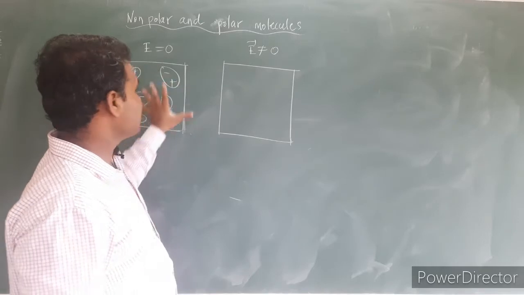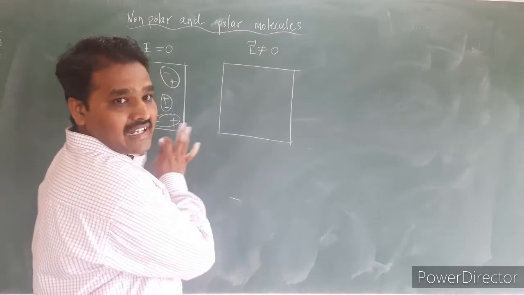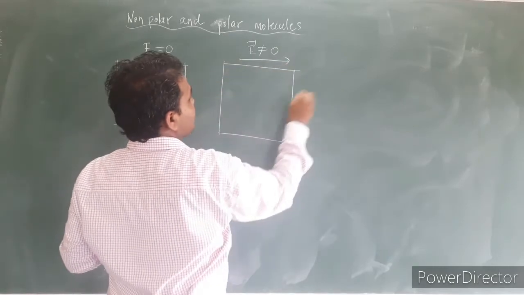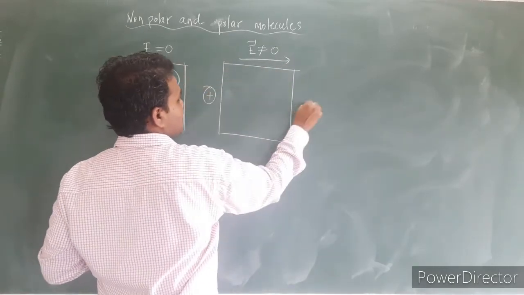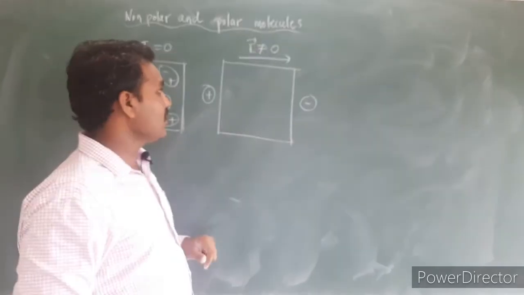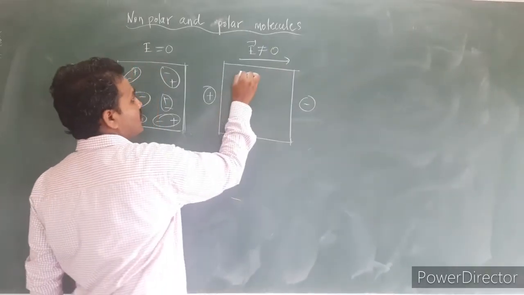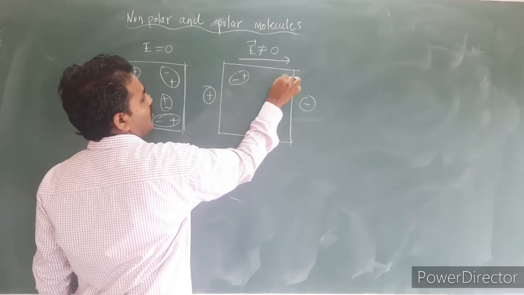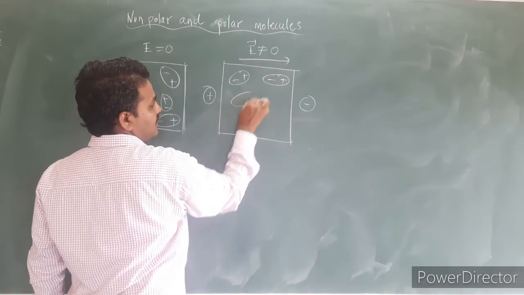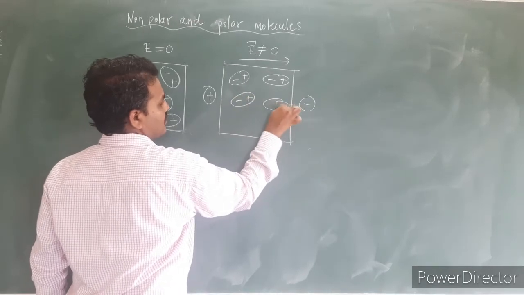So first, whatever these molecules are there, they get aligned in the direction of the external electric field. Let us consider the electric field is along the positive x-axis. So this is the positive charge, this is the negative charge, because I have the electric field along the positive x direction. So almost all these molecules get aligned in the direction of the external electric field.